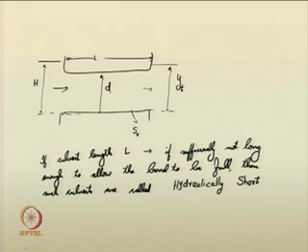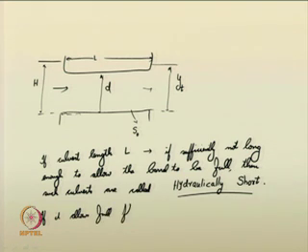So, basically you can suggest two types of culverts, hydraulically short culverts and hydraulically long culverts. Vice versa, if it allows full flow, then such culverts are called hydraulically long culverts.